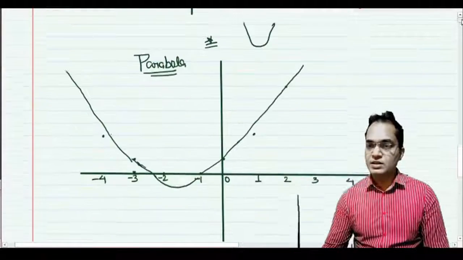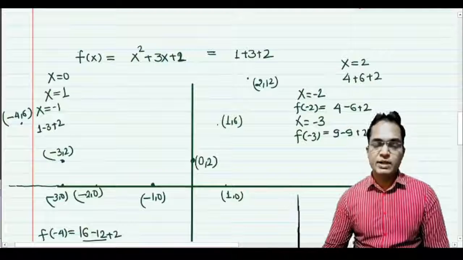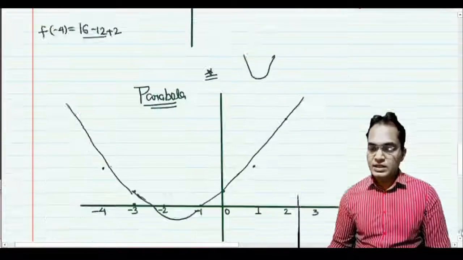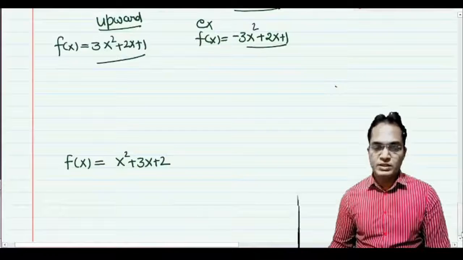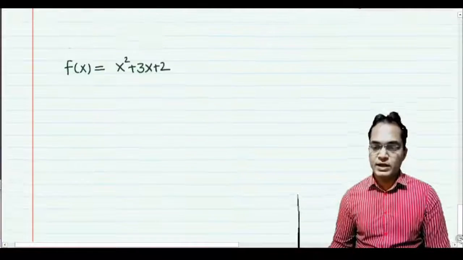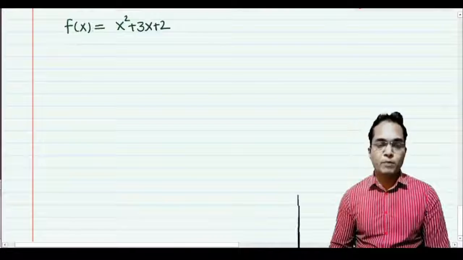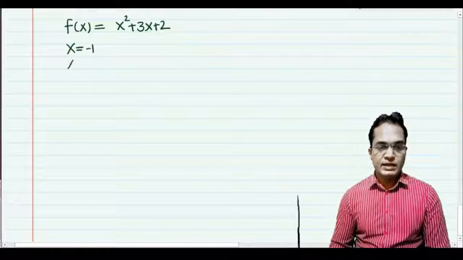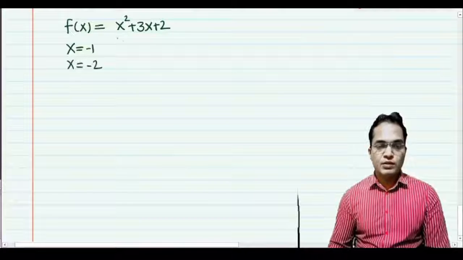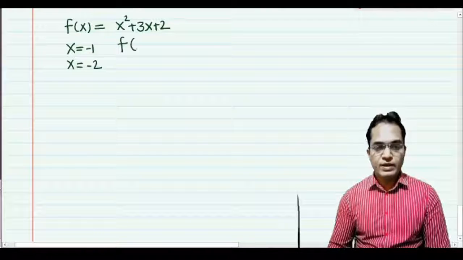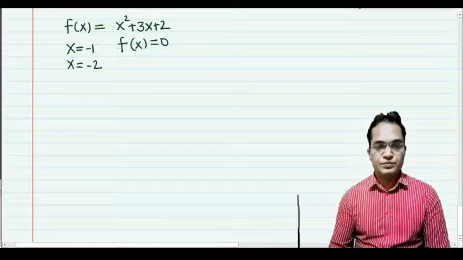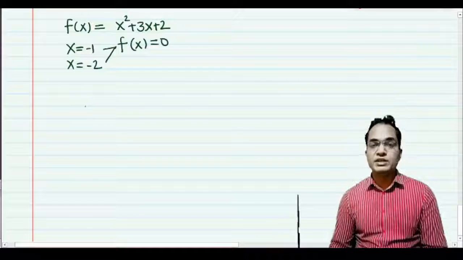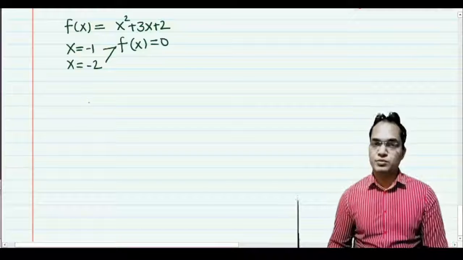We observe that this quadratic polynomial has 2 points: x = -1 and x = -2, where f(x) is 0 at these points.